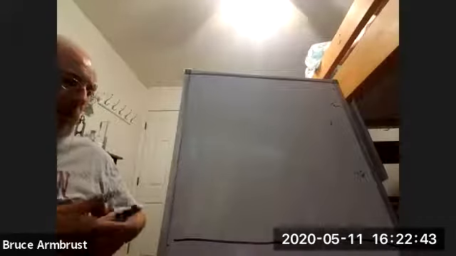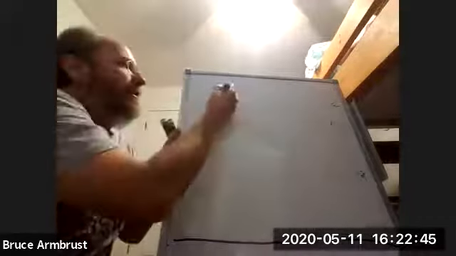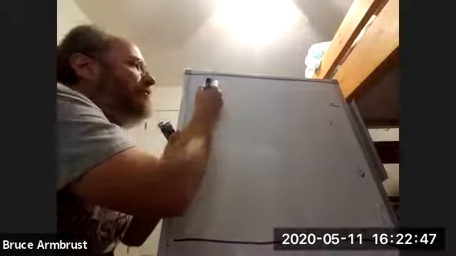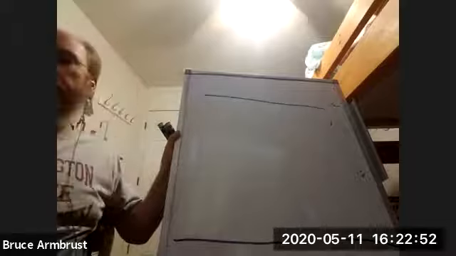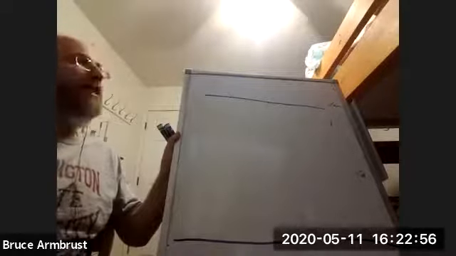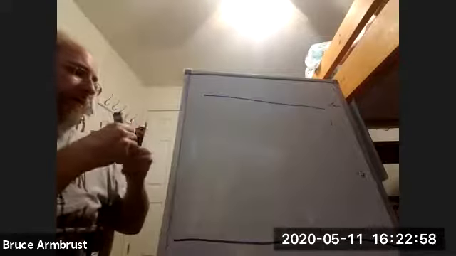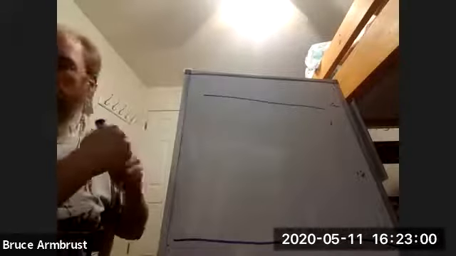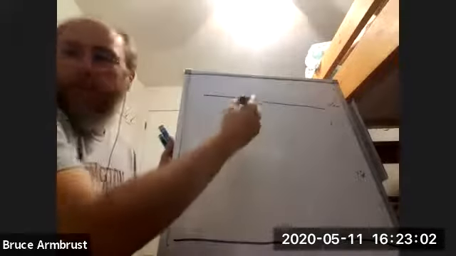Okay, so some things that we're going to need to know about said string. First of all, here's what the string would look like without a pulse. It's going to be under tension, some sort of a tension that is pulling on it, say in this direction.